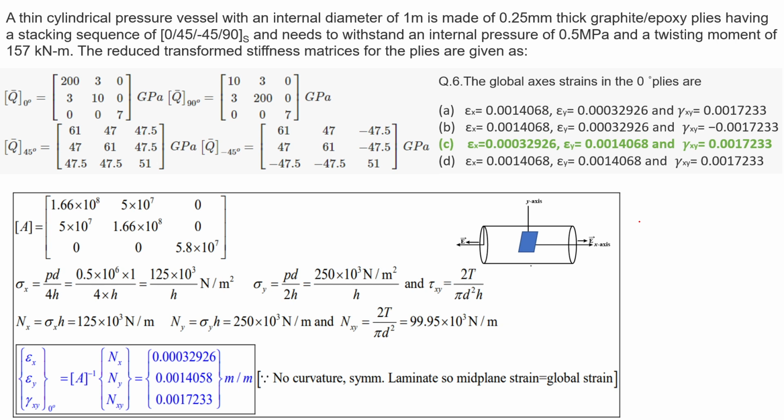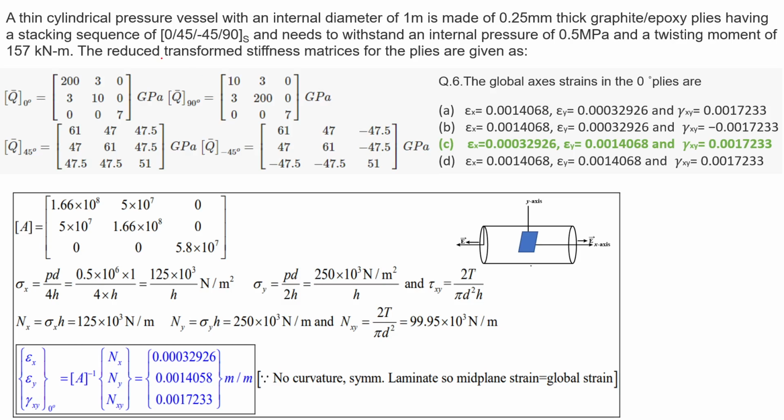So already we have done these kind of questions before also. This is the same thing, but here not only 0, 90, we have 45 and minus 45 also. So we are already given the reduced stiffness matrix for 0, 90, 45 and minus 45. From those values, we have to find the A matrix. Now A matrix here, this is symmetric, so all these angled laminas are twice.